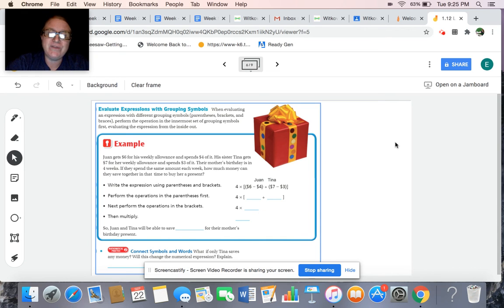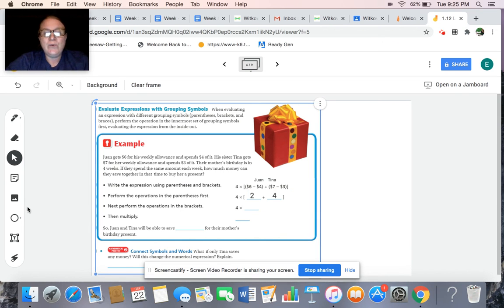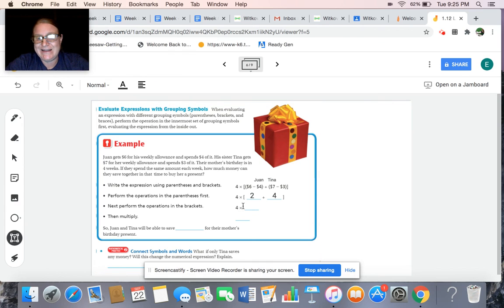Now we're going to perform the operations in the parentheses first. So 6 minus 4 is 2. And 7 minus 3 is 4. So now we have 4 times 2 plus 4. Well, now we can do what's inside the bracket. And inside the bracket, it says 2 plus 4.